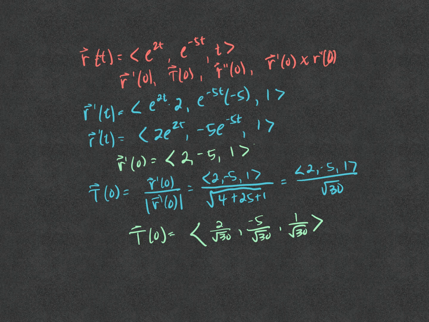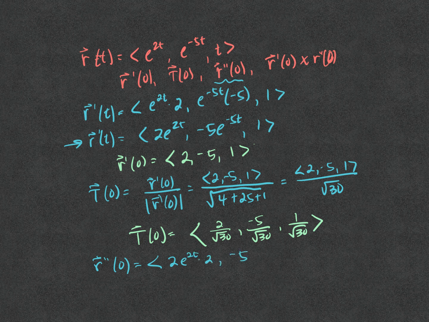All right, so let's find our second derivative now. We're up here to the third piece, the second derivative of r. So we're going to go back up to our first derivative and take the derivative again. So I have 2e to the 2t. So I have 2, and the derivative of e to the 2t is e to the 2t times 2.